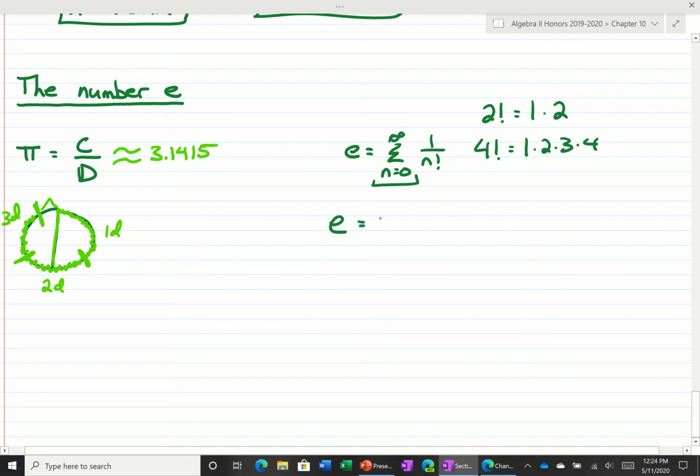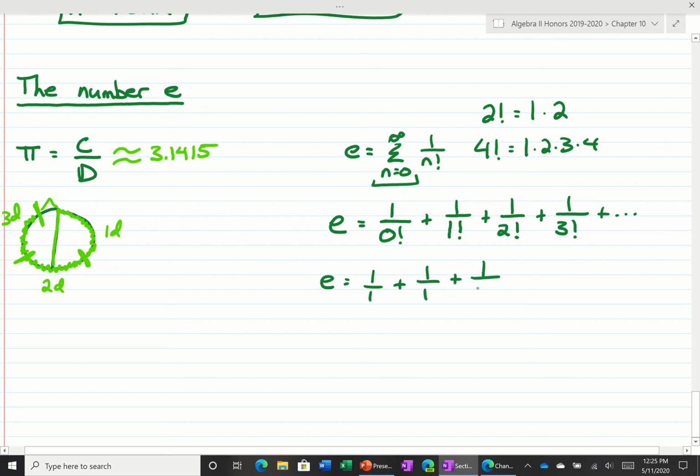What e means is 1 over 0 factorial plus 1 over 1 factorial plus 1 over 2 factorial plus 1 over 3 factorial, and this just keeps going on forever. 0 factorial is just 1, so 1 over 1. 1 factorial is 1. 2 factorial is 1 times 2. 3 factorial is 1 over 1 times 2 times 3, and that goes on forever.